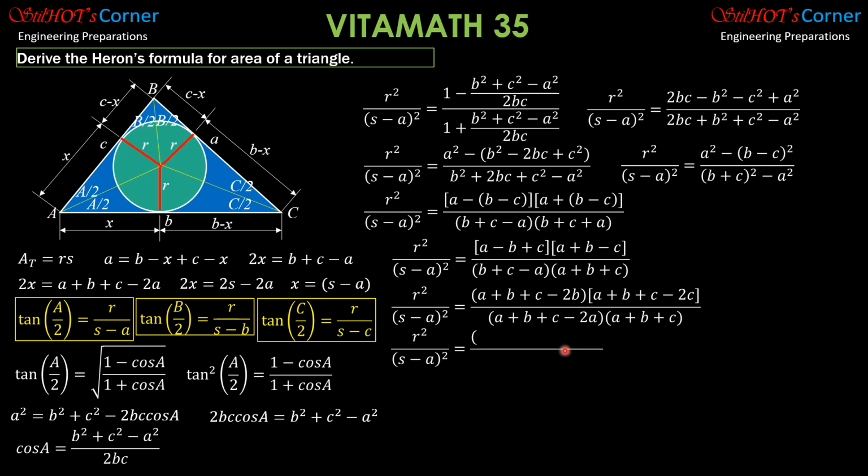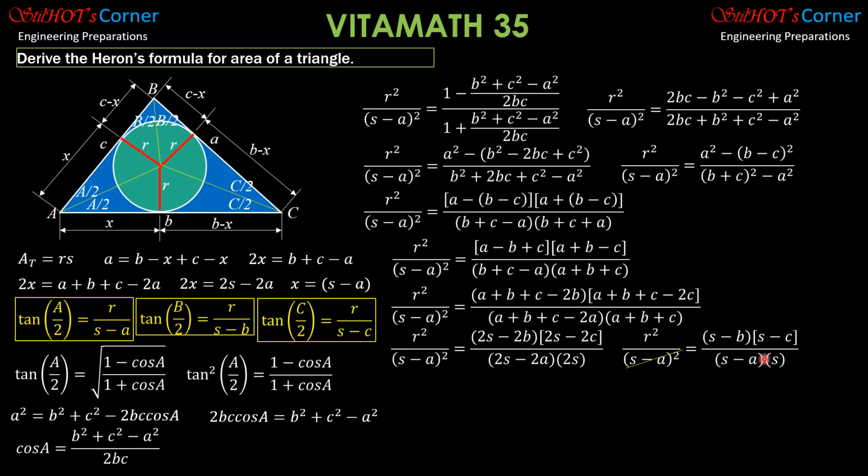So we have r squared over (s minus a) squared equals (2s minus 2b)(2s minus 2c) over (2s minus 2a) times 2s. So all the coefficients 2 are cancelled. Then we have r squared over (s minus a) squared equals (s minus b)(s minus c) over (s minus a)s.